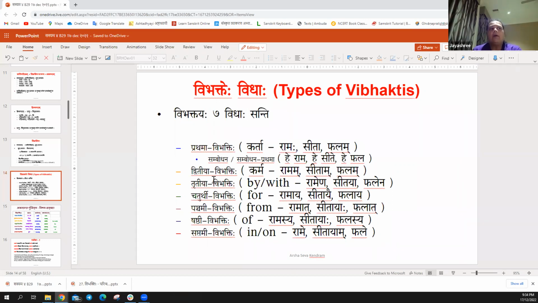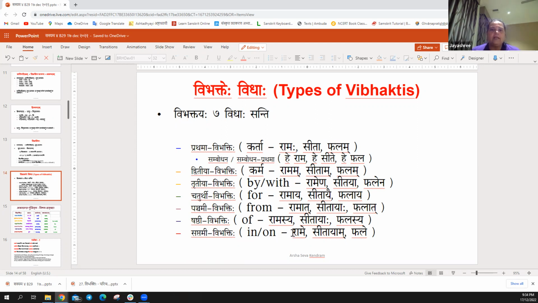To form a sentence, we use these vibhaktis. If we say by or with Rama, Ramena. For Rama, Ramaya. From Rama, Ramat. Of Rama, Ramasya. In or on, Rame.